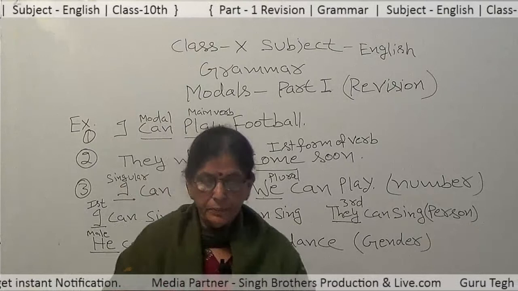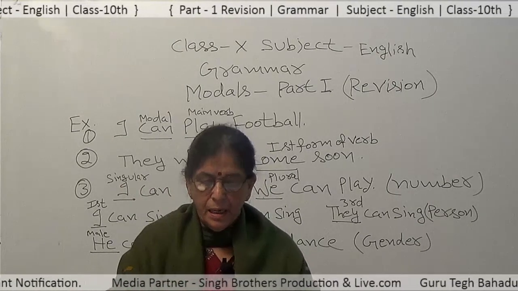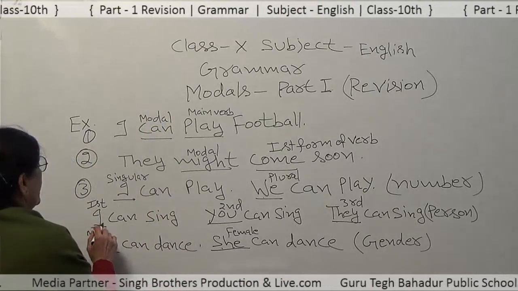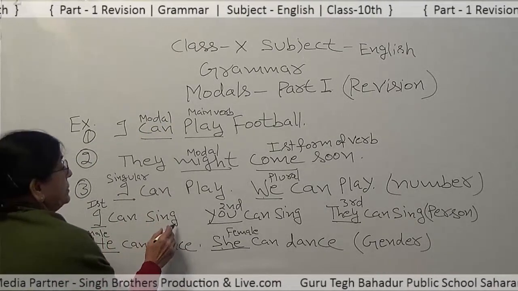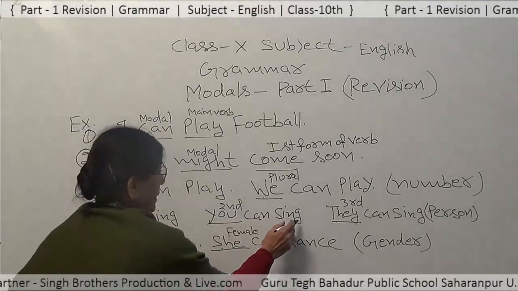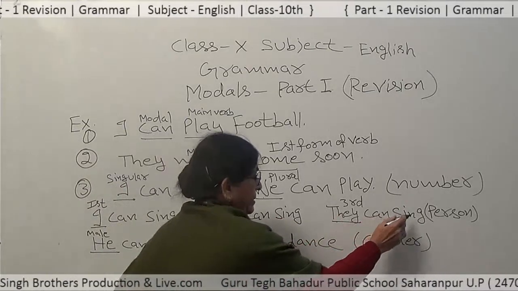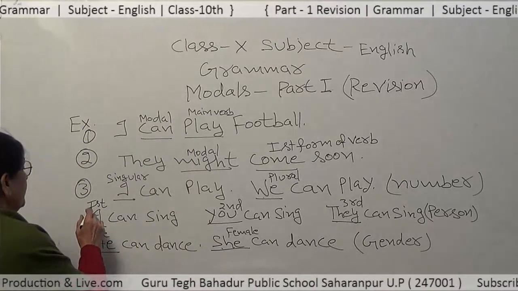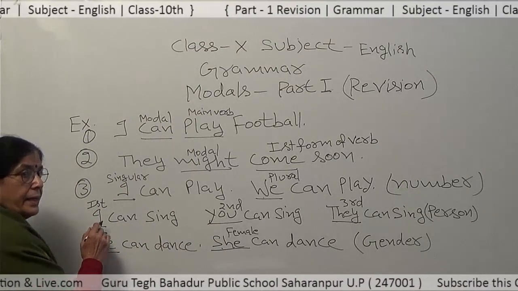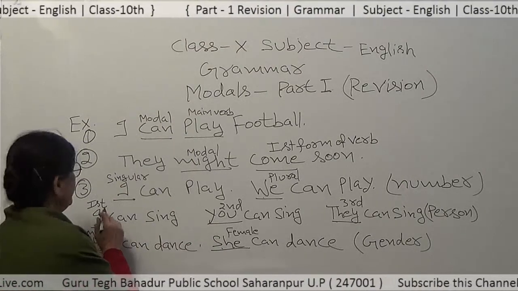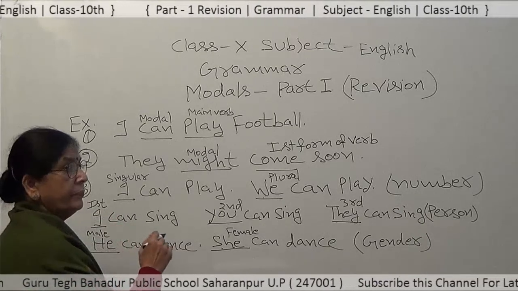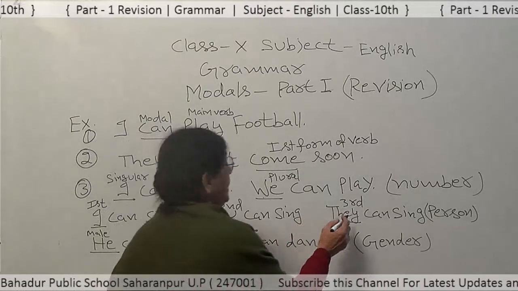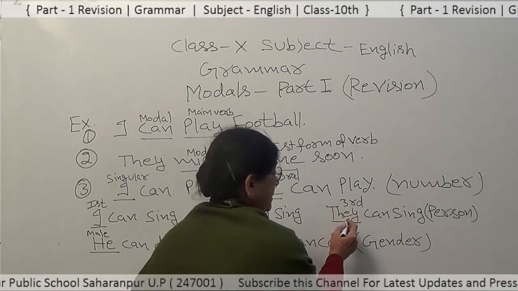Then, second example I have written here, I can sing, you can sing, they can sing. Here different persons I have used. I and we are the first person, you is the second person and they is the third person.